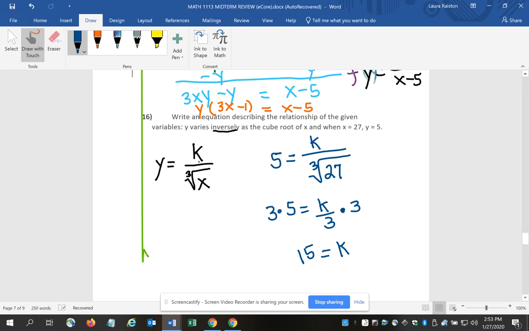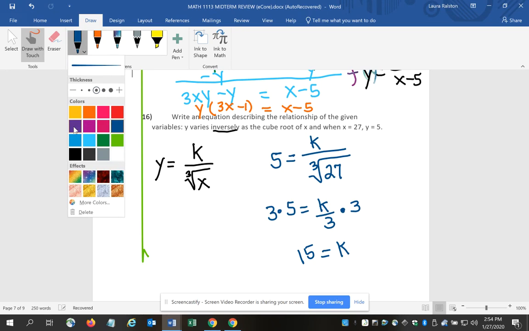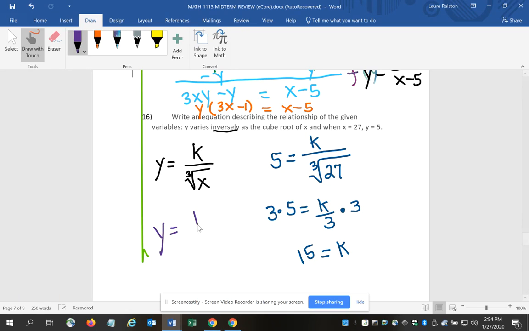So ultimately, the formula that fits for this particular scenario would be y equals 15 over the cube root of x. Now, normally you wouldn't leave the cube root of x in the denominator, but it'll be okay for this particular problem since that's what they're asking you to find, just that equation.